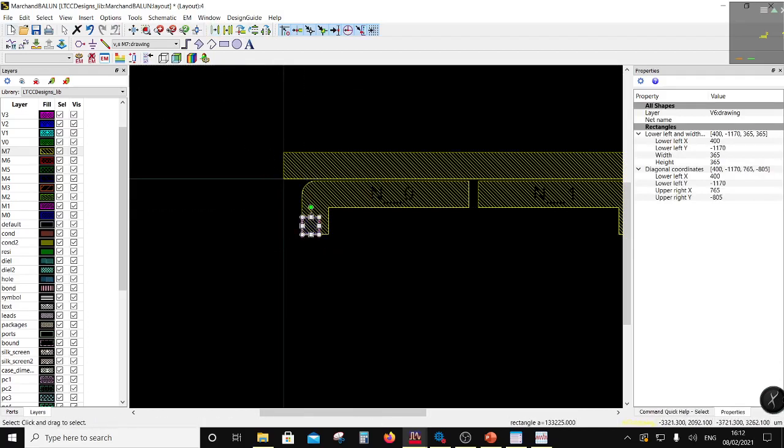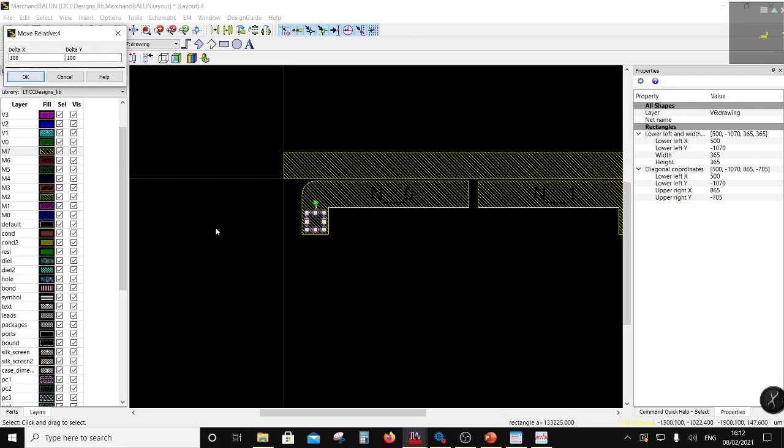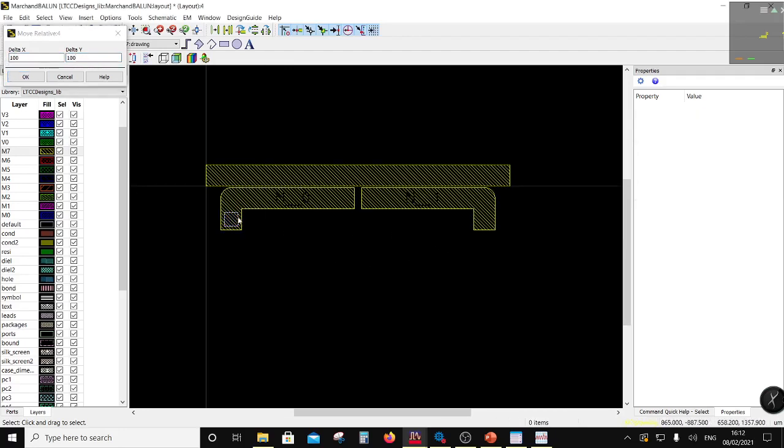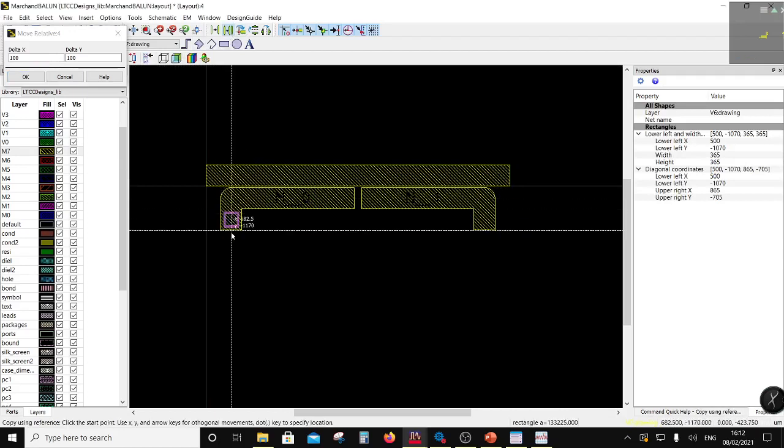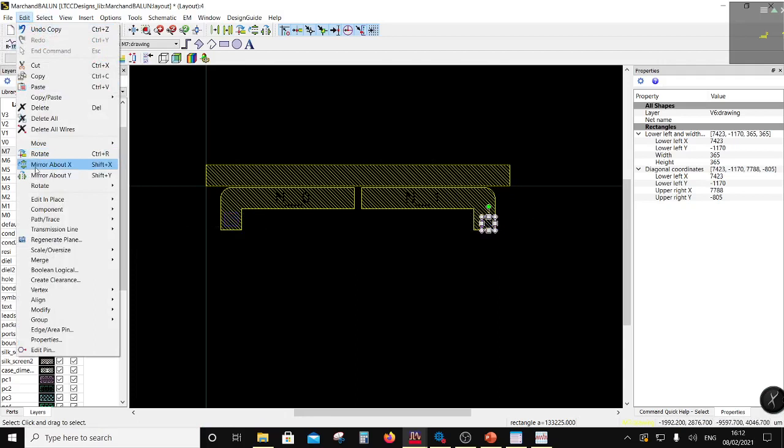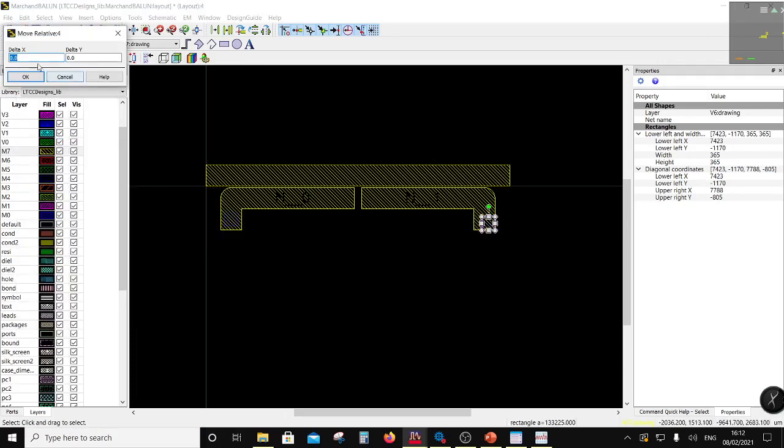Say edit, move relative. I'll do 100 and 100. Okay, so this one is positioned, and same thing I'll do on the other side. Edit, move relative, say minus 100 and plus 100.